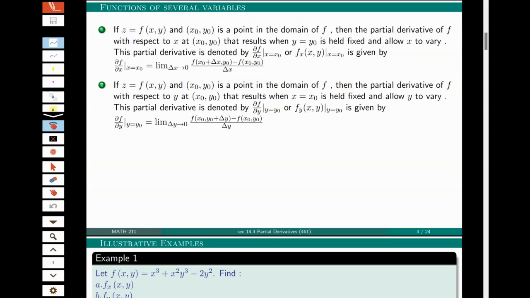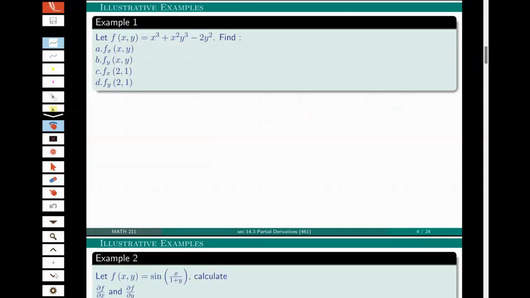Similarly, we may ask y to vary and keep x fixed, then we call it partial f with respect to y. When we are differentiating with respect to x, we deal with the other variables as constants, so their derivative is equal to 0. Keep in mind things from calculus 1, where you might make a mistake.